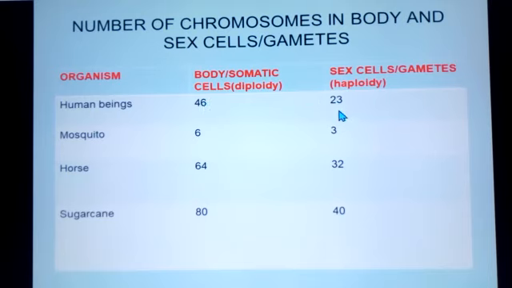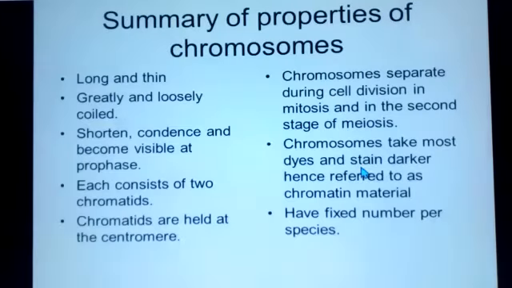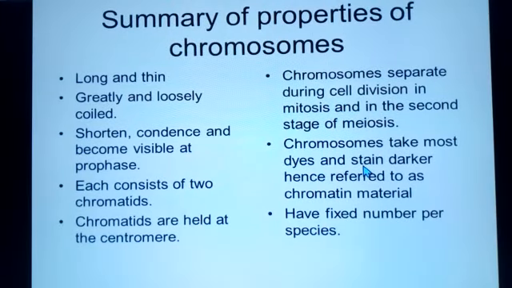For the sex cells, it is halved in what we call haploidy to 23. Mosquito, 3. And for the sex cell, the halved or haploid status is 3. So meaning that the body cells have twice the number of chromosomes, but the sex cells have half the number of chromosomes.